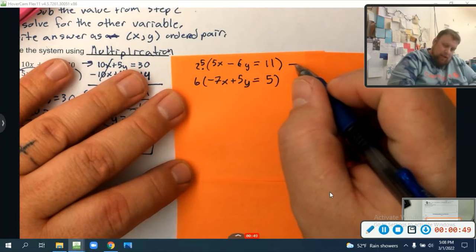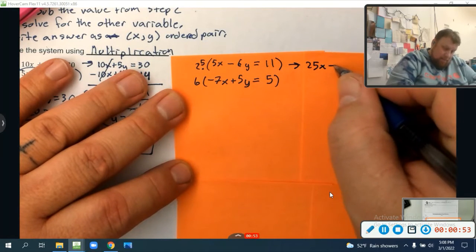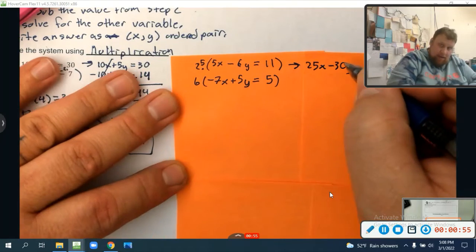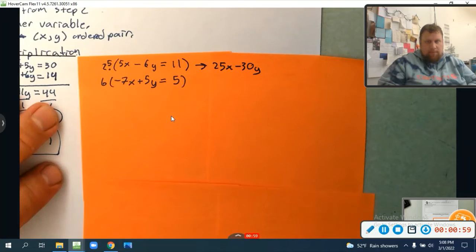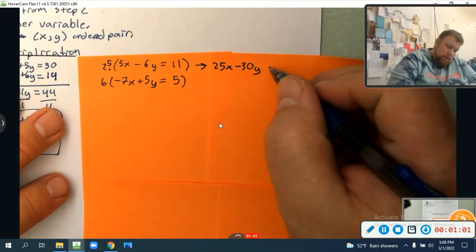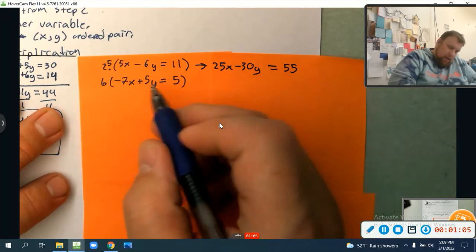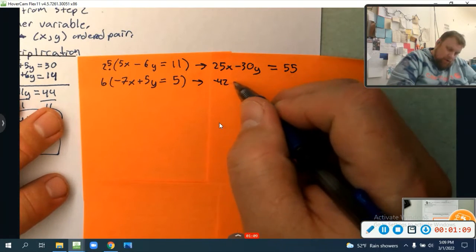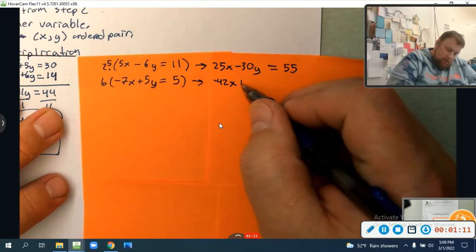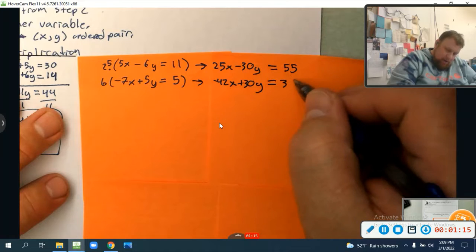And when we do that, let's rewrite our equations. We end up with 25x minus 30y is equal to 55. And down here, what do we get? Our negative 42x plus 30y equals 30.